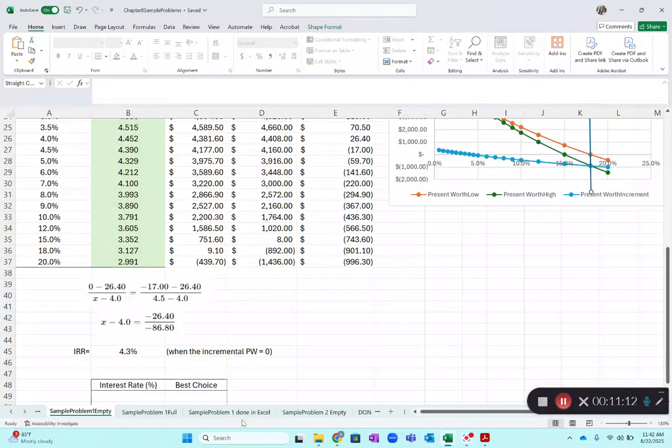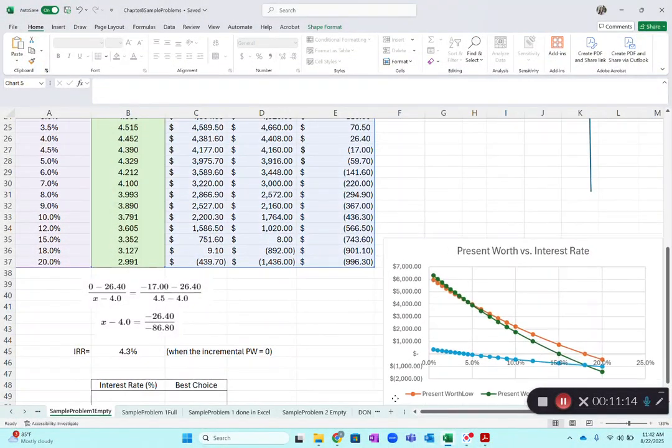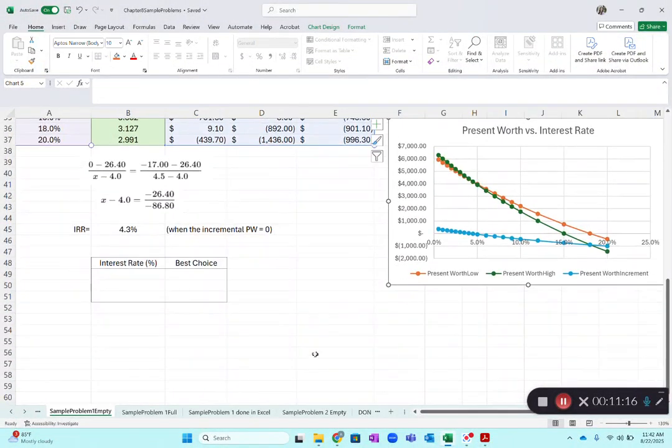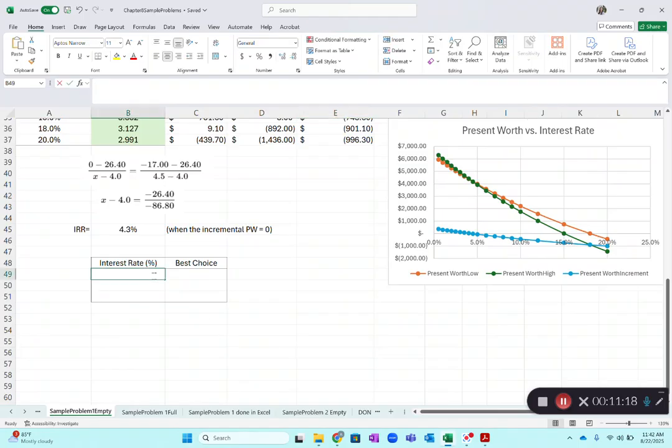This is going to be a piecewise function. I'm going to drag this down so we can see it as we write. I'm going to say from 0, yep, I want to do a bracket because it's inclusive and exclusive points. From 0 to 4.3, I want to choose the green line because it's on top. So I'm going to say the high capacity cart.